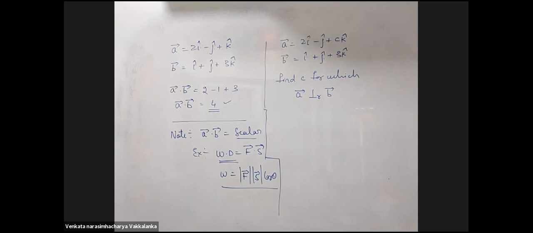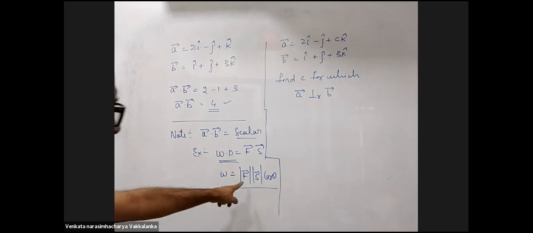Sir, in the A and B that you have given on the left, they both are parallel. That is why cos theta is 0, 1. No, they are not parallel. A and B are not parallel. So then why haven't you written cos theta?